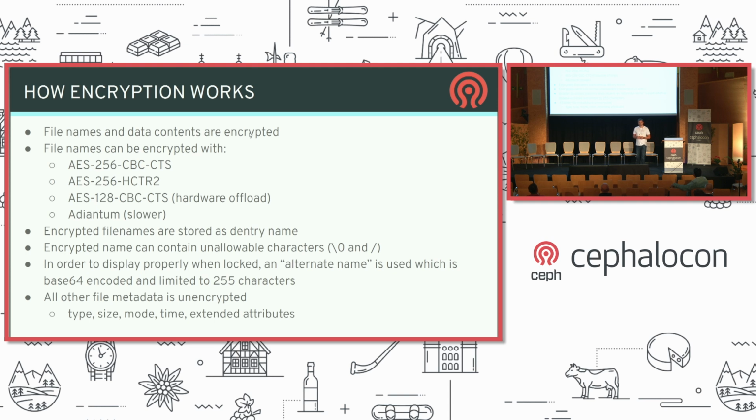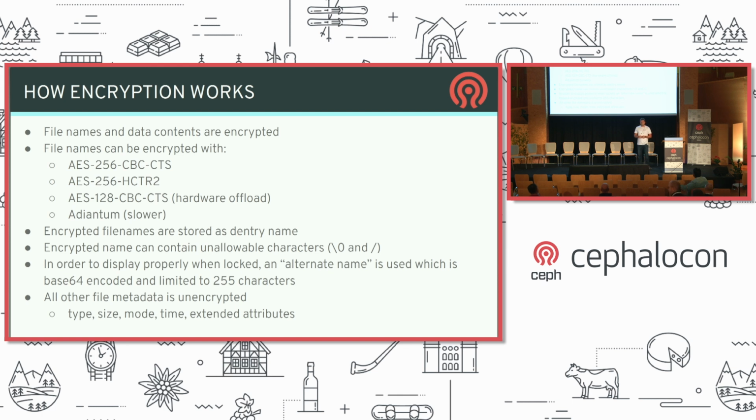So taking a look at how encryption works, file names and data contents are both encrypted. There's a wide variety of ciphers that are supported for the file names, all the way up to 256-bit, all the way down to Adiantum, which is a slower one to be used on low-power CPUs.